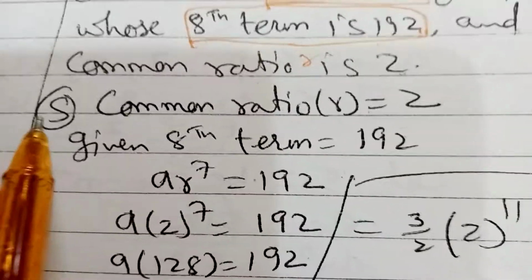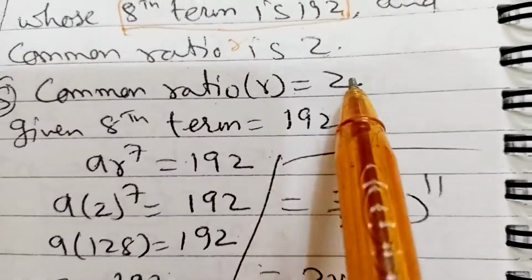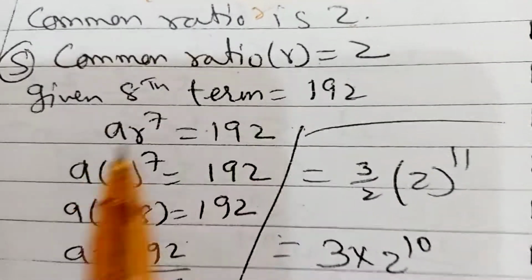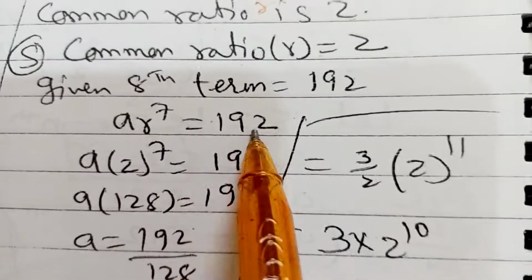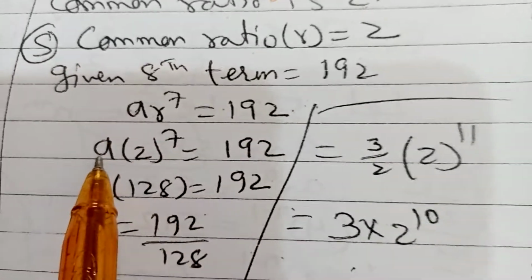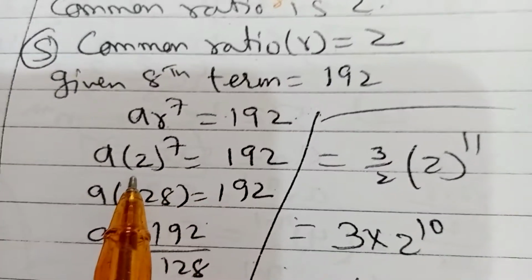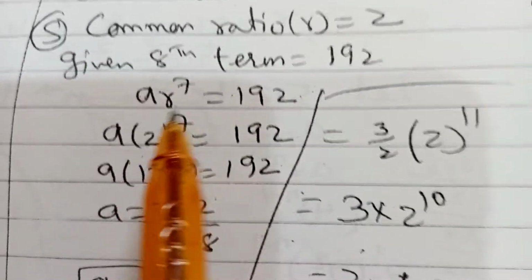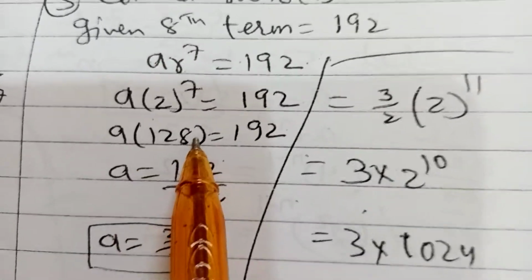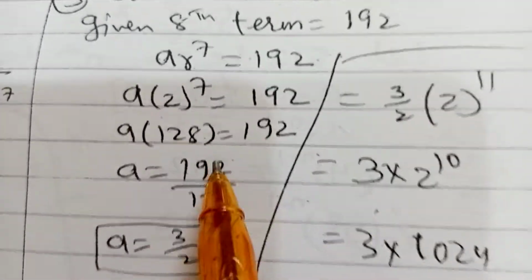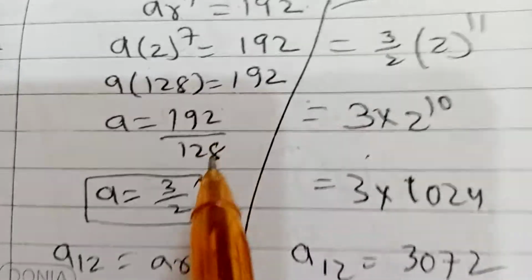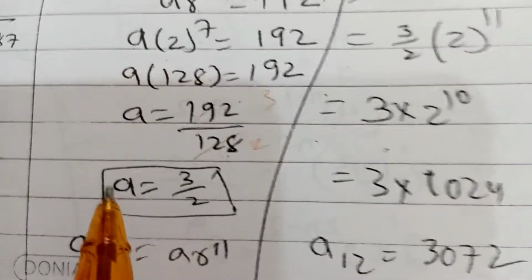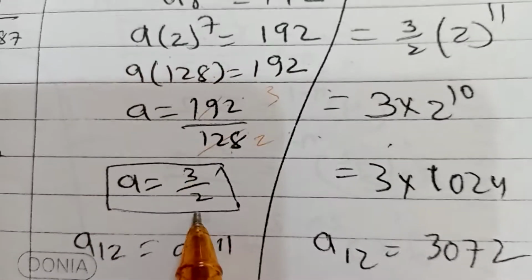So given the common ratio r is 2, the 8th term is equal to 192. 8th term means a r^7 is equal to 192. a as it is, r means 2, 2^7 as it is, 192. 2 power of 7 means 128. So a is equal to 192 by 128. When you cancel, 64 2s are 128, 64 3s are 192. So a is equal to 3 by 2.